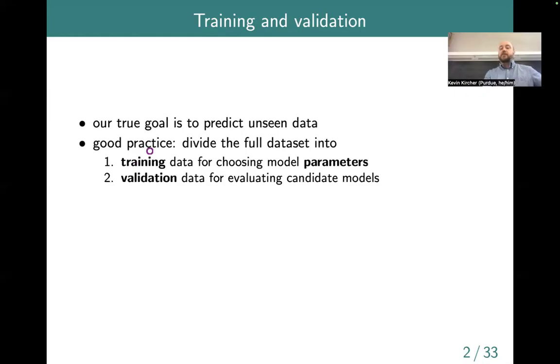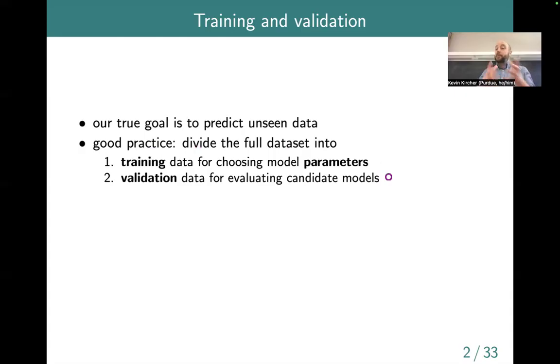And so the training data we would use for choosing what type of model, what should its structure be? Should it be a neural network or a linear model? We'll talk a little bit about each of those. And also for fitting the parameters, the internal numbers that go into that model structure. And those are sometimes called weights within the model. So this is the data that we use for those processes.